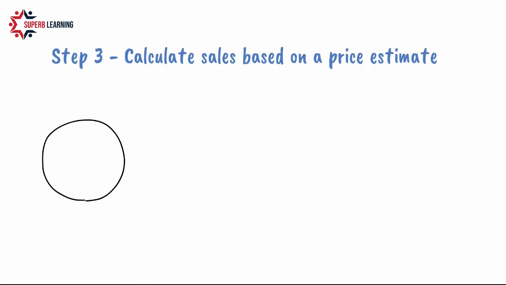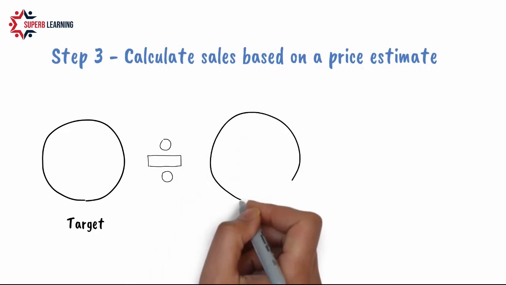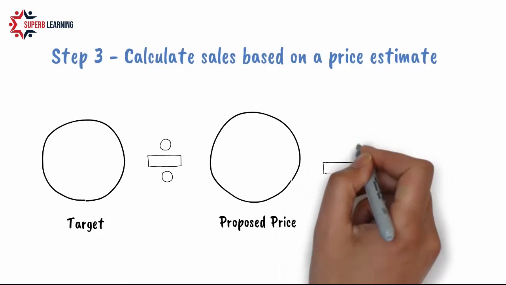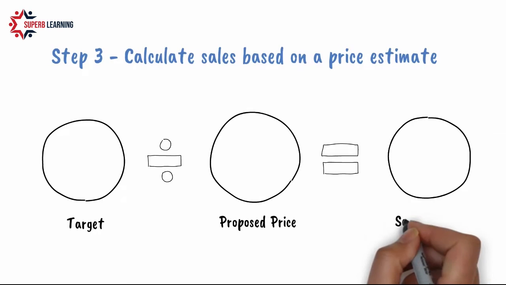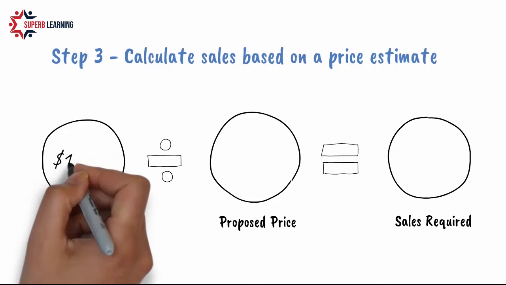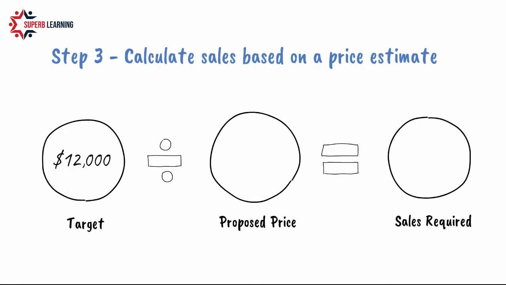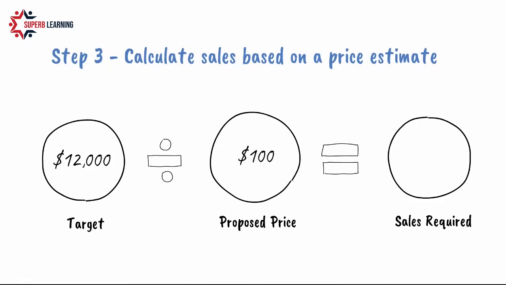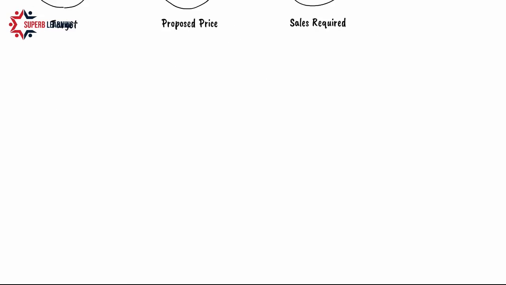So we look at what is our target. We divide our target by our proposed price. And that is going to then tell us the number of sales that we need to hit. So for example, our target we said was 12,000. We're going to put the course at a proposed price of $100. Tells us that we've got sales required of 120 sales that we need.